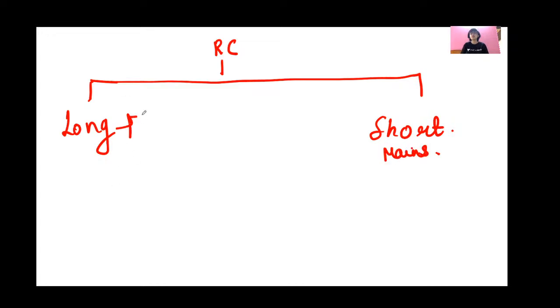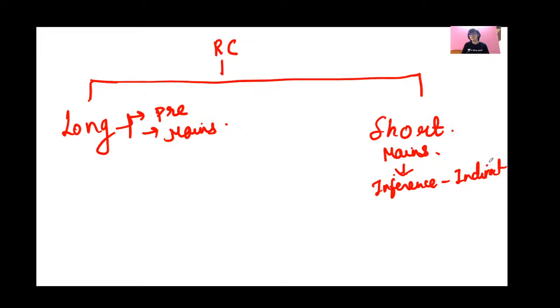Long RCs you will find in pre as well as in mains exam. Your short RCs are mainly inference based, which means you will find indirect questions from here. But in your long RCs, in your pre, generally your questions will be direct, and in your mains, your questions will be indirect, with some direct questions, of course.